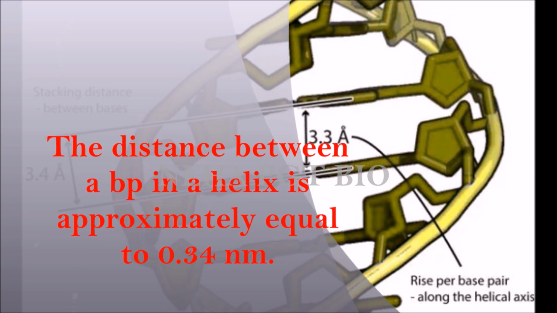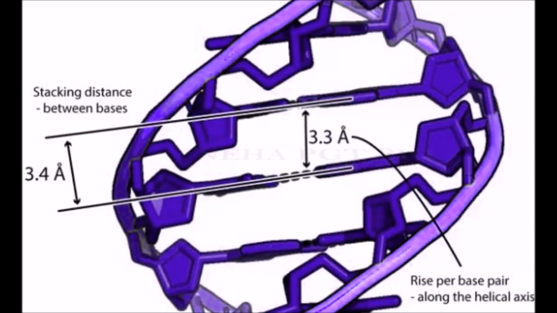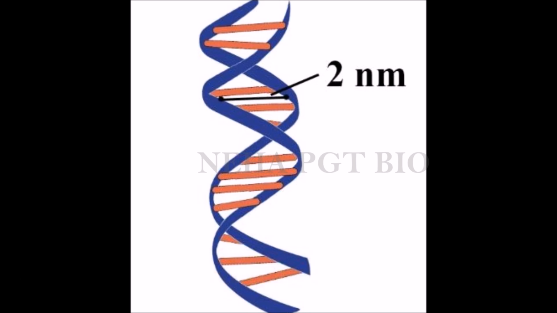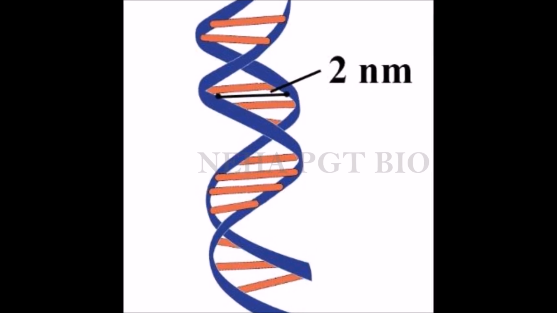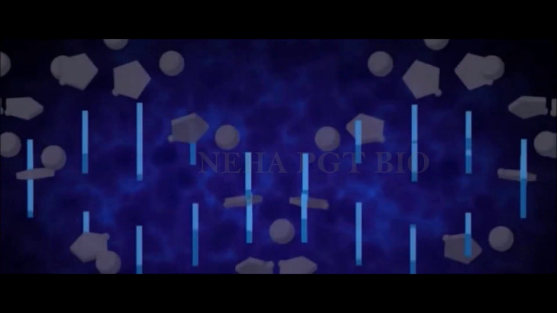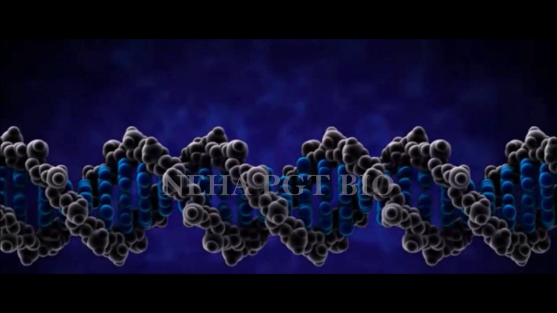So, the distance between two consecutive base pairs is 0.34 nanometer. The diameter of DNA is 2 nanometers. The DNA molecular structure contains major grooves and minor grooves.